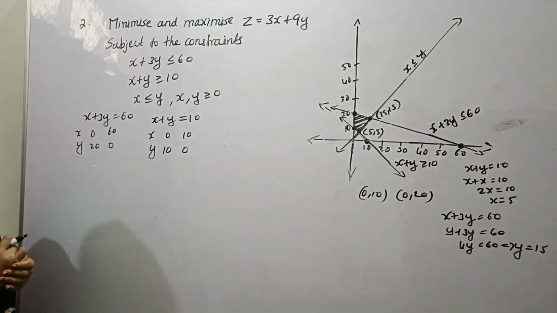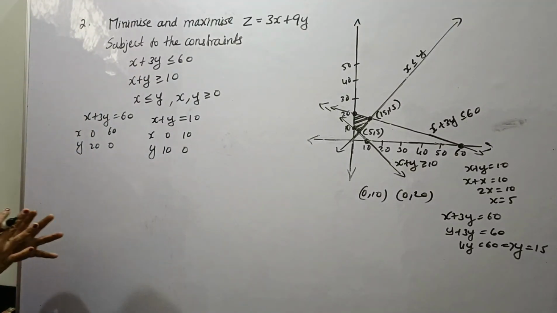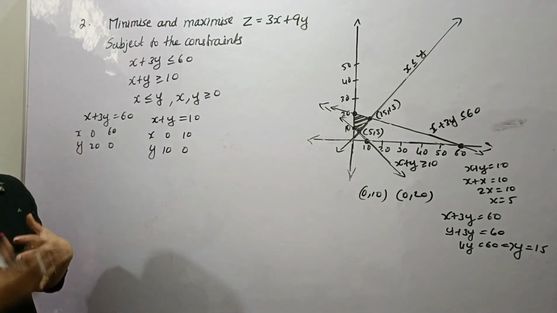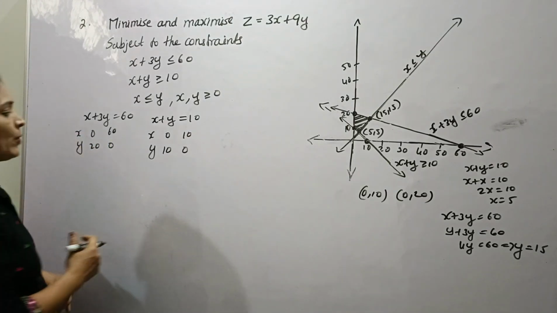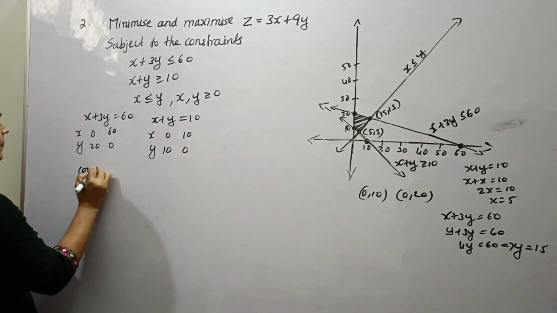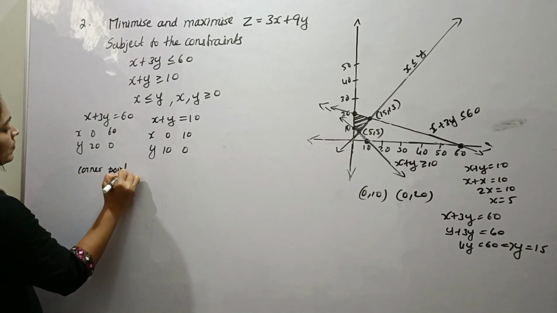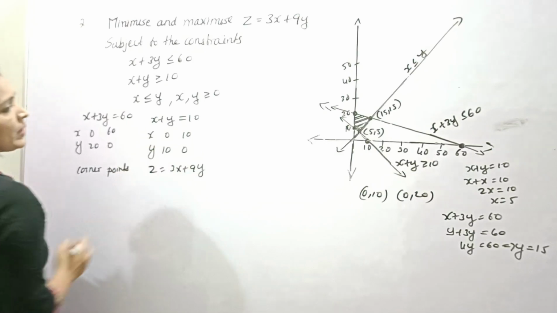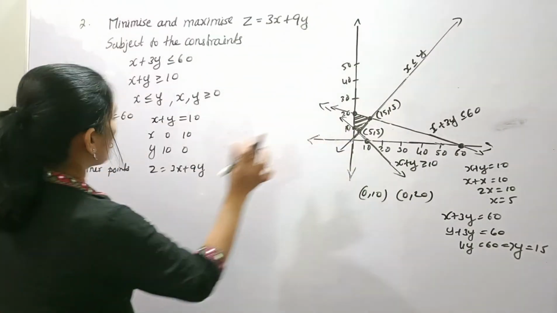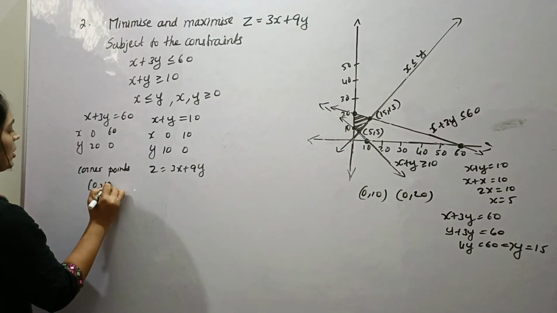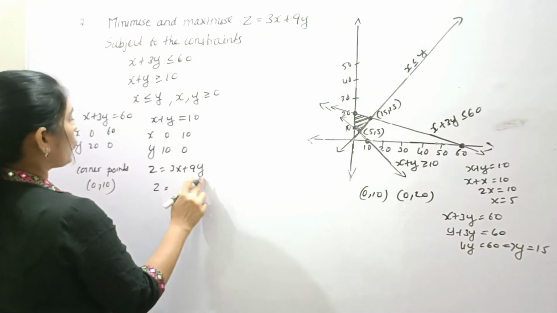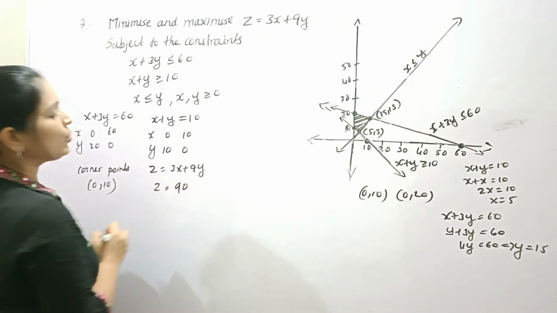Now let's find the value of z, and we have to find at which points the given objective function z is maximum and minimum. So at the corner points, z is equal to 3x plus 9y. The corner points are 0, 10. Substitute x is equal to 0, y is equal to 10, z is equal to 90.